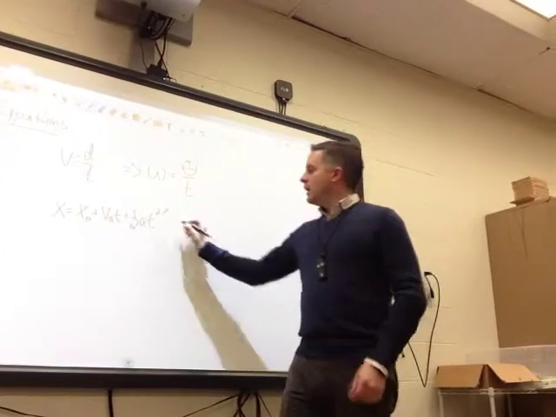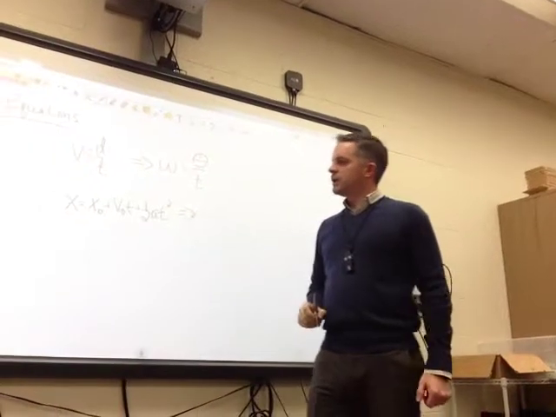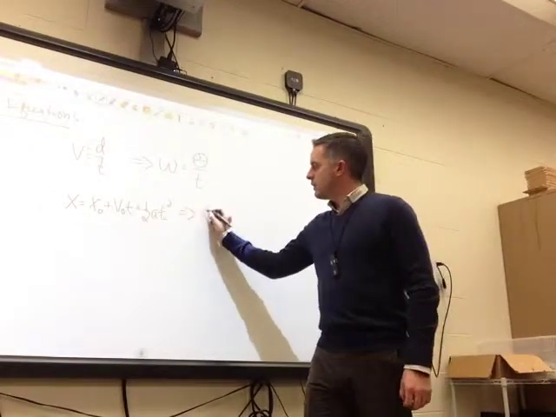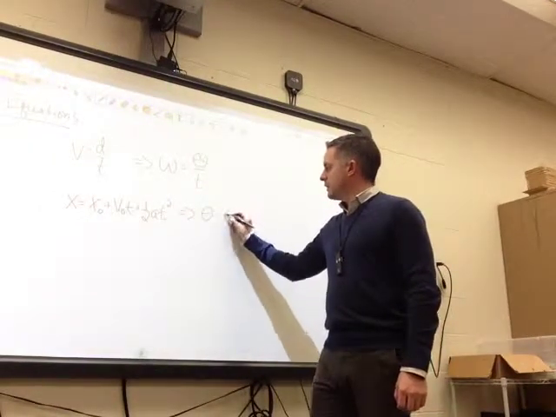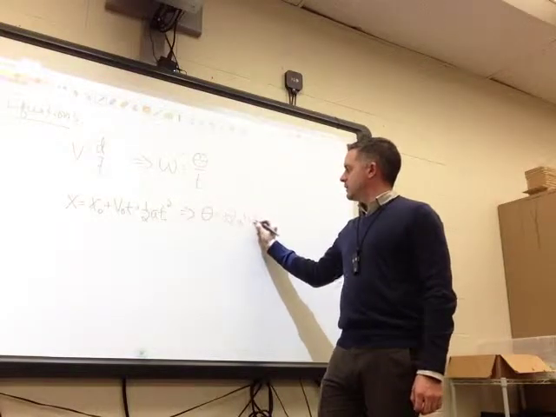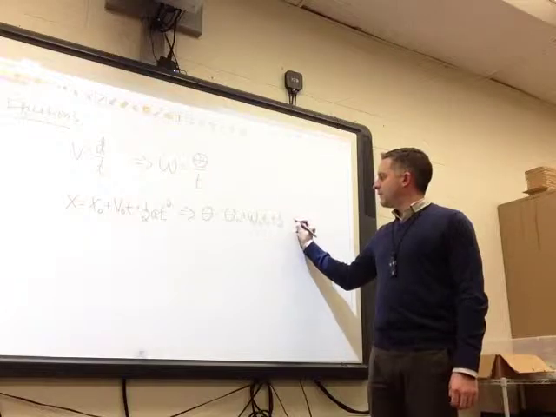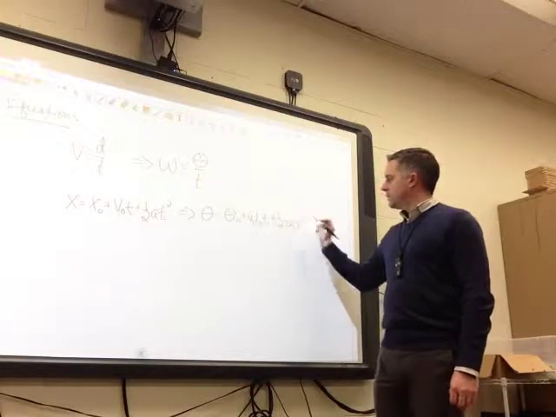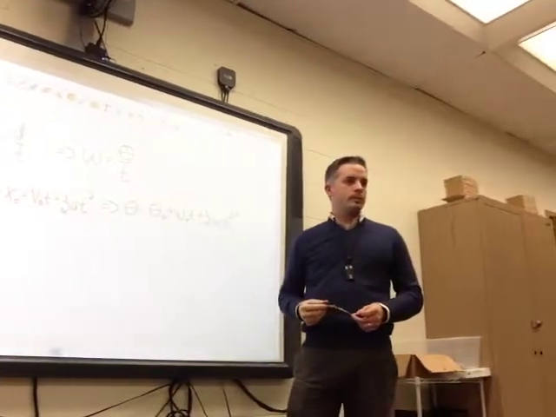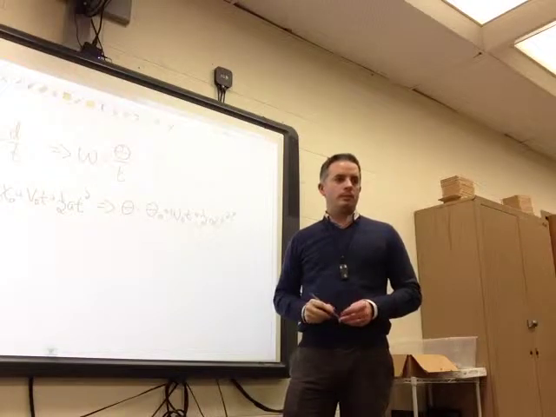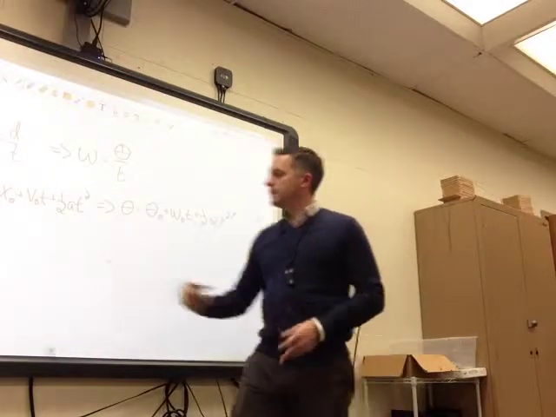If we're talking circular motion, that becomes theta equals theta sub 0 plus omega sub 0 t plus 1/2 alpha t squared.